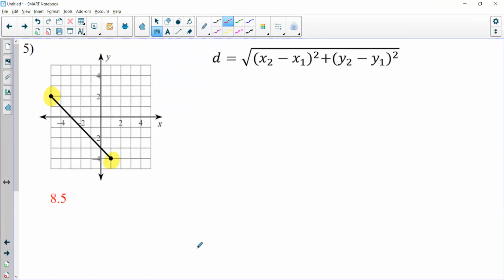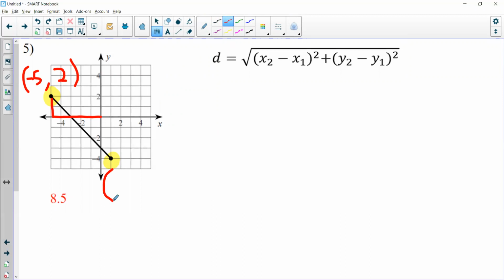is we're going to write the ordered pairs of these 2 points. So we have an ordered pair up here that is -5, +2.